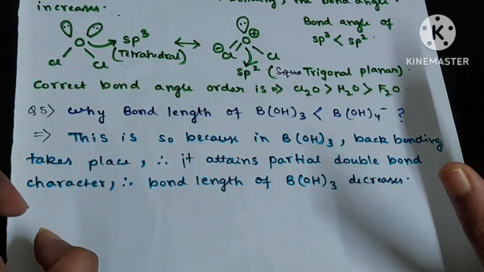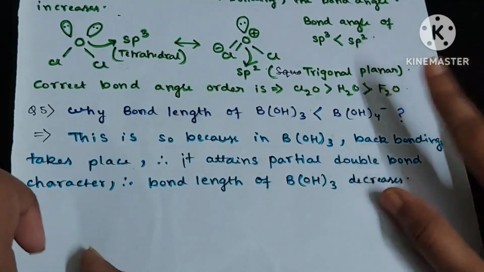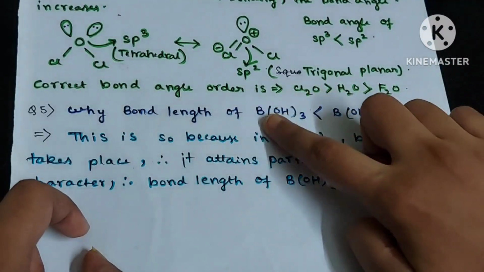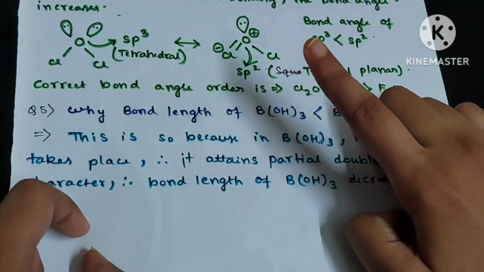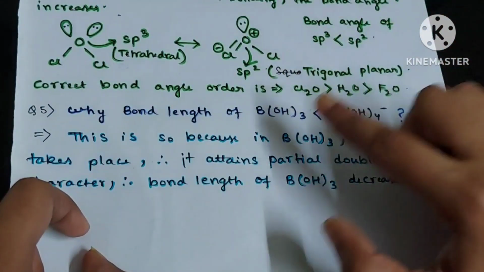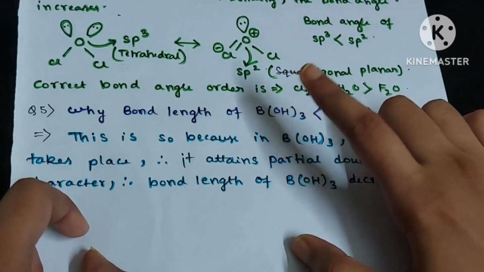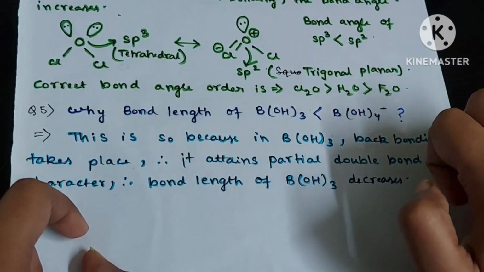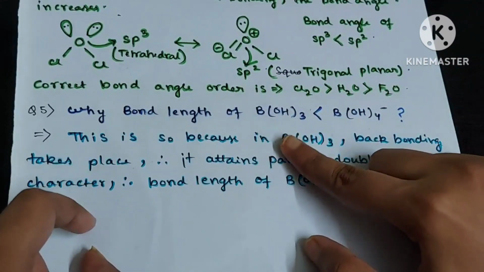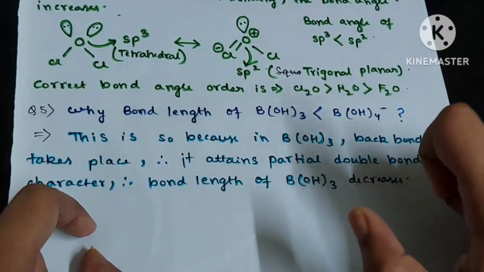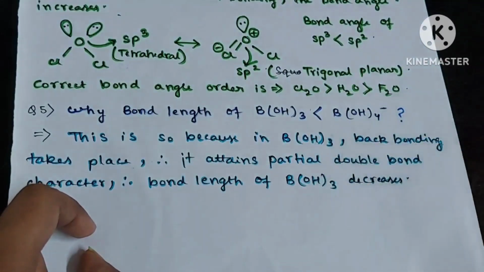That's why the bond length of B(OH)3 is less than B(OH)4 minus.